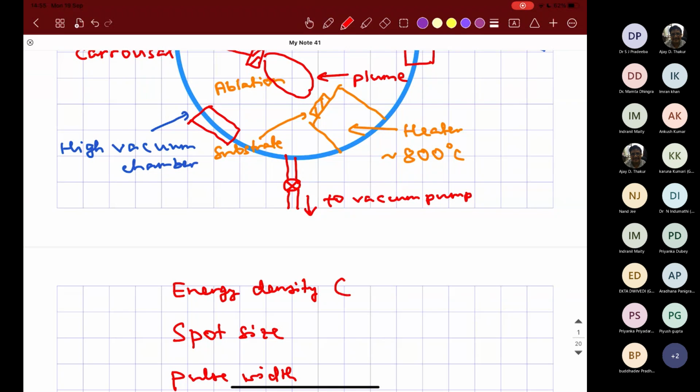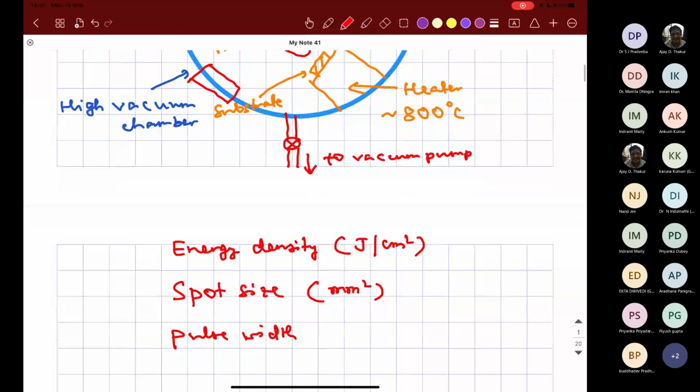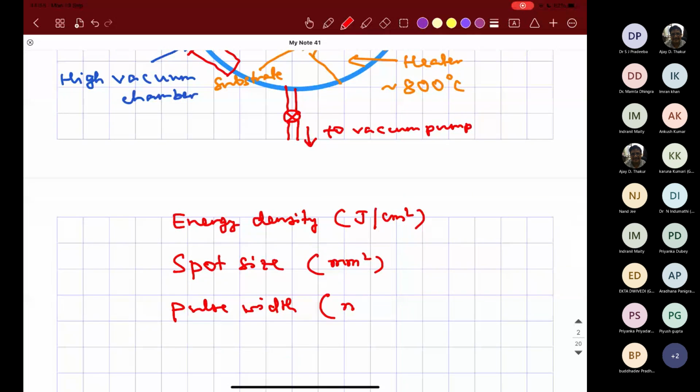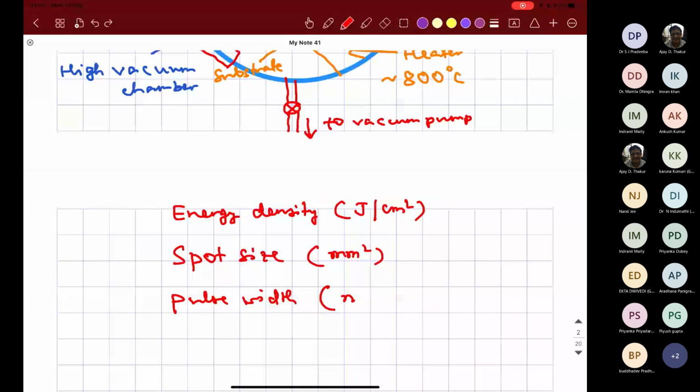So energy density would be in, say, joule per centimeter square. The spot size would be in, say, millimeter square, and the pulse width would be in nanoseconds.